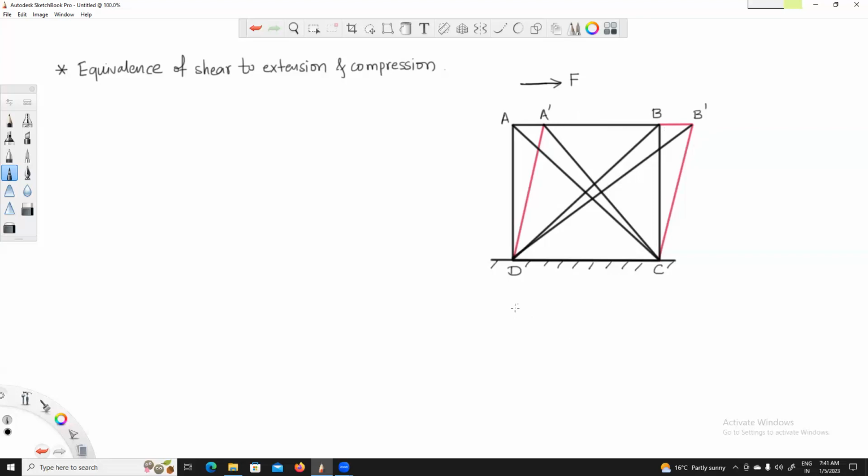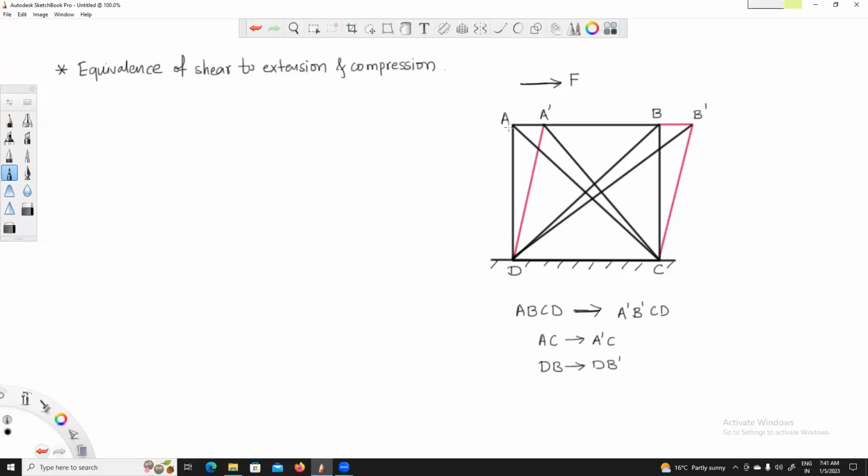So what happened here is that initially the front face was A, B, C, D, and the bottom surface CD was fixed. Now, due to the application of tangential force on the top surface, it has assumed the shape A dash, B dash, C, D. Now if you look at the diagonals, the initial diagonal AC got shifted to A dash C, and the other diagonal DB got shifted to DB dash.